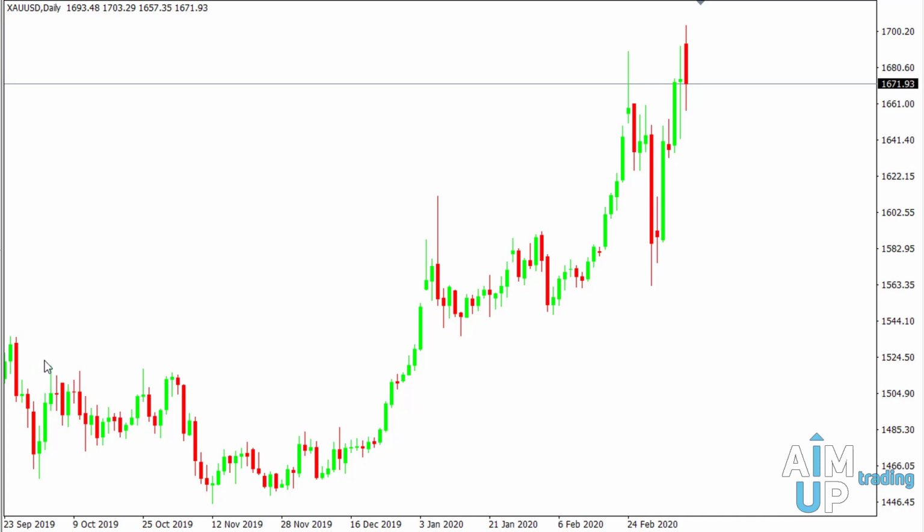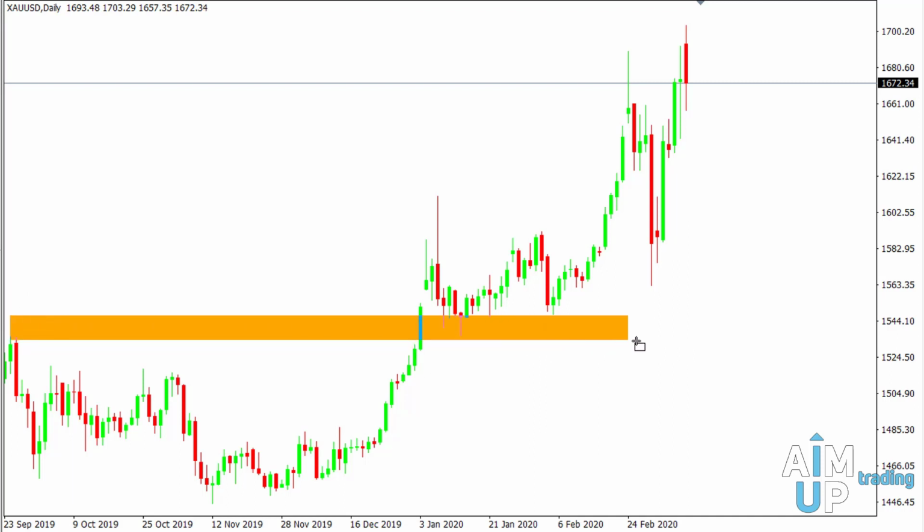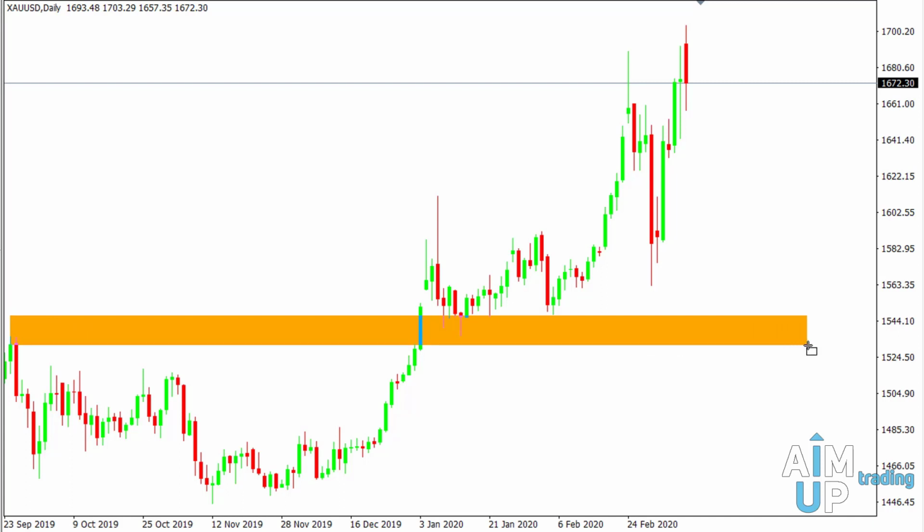But the first thing that we like to do is draw our buffer zones. As you can see here, the price was consolidating for a little while. So we get the high here on the left, and then you see how the price broke through this buffer zone and came back to retest.